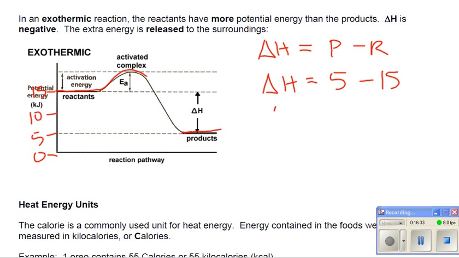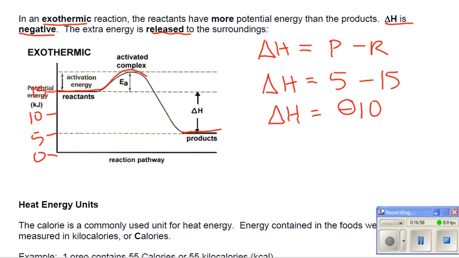So this produces a delta H that is negative 10. Okay, so this sign, positive or negative, is very significant when we're talking about chemical reactions. It says if delta H is negative, we're going to have an exothermic reaction because the extra energy is released to the surroundings. And that makes sense because if it's exothermic, it feels warm.